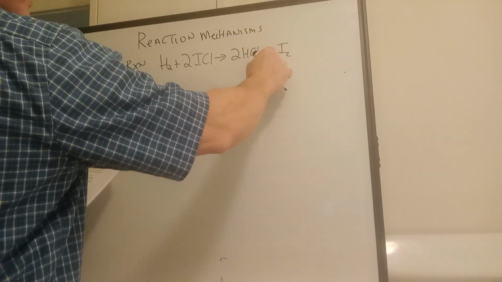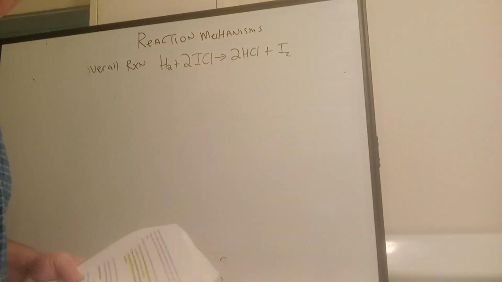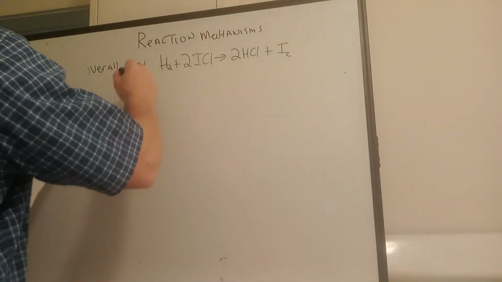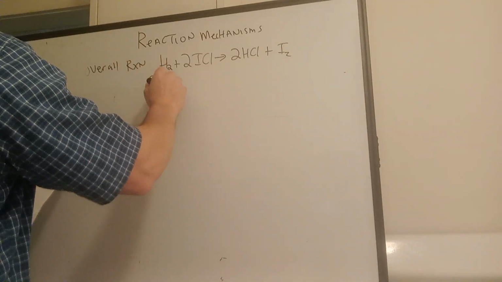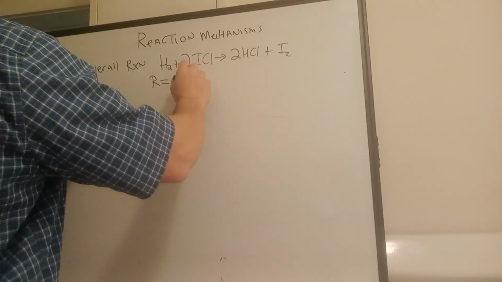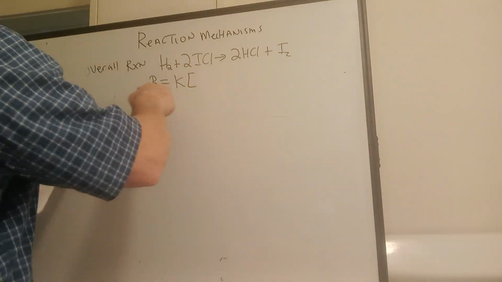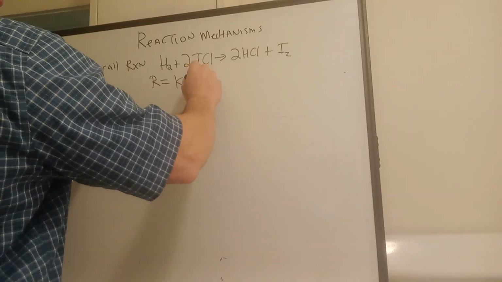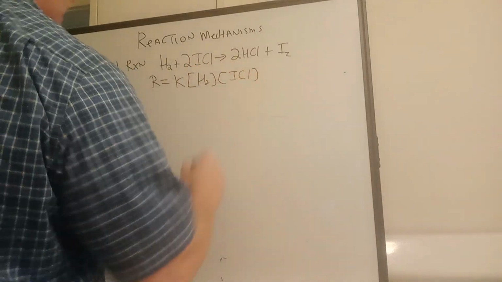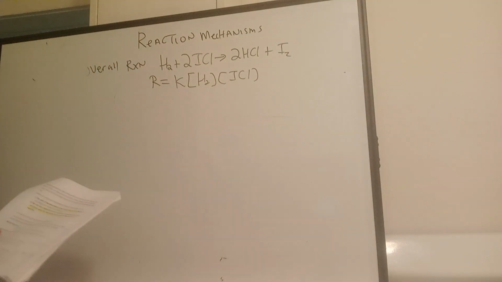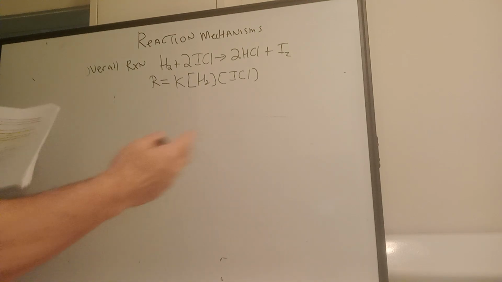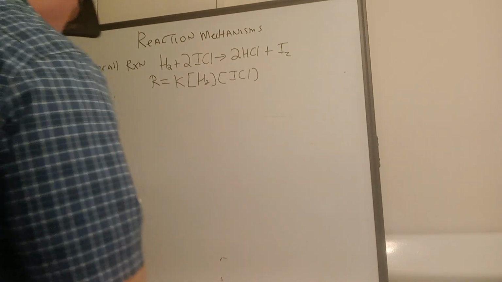That's an I. So that's the overall reaction. And experimentally, somehow they've shown, maybe using the ratio method of initial rates that we did, that the rate law is given by k times H2 times ICl. It's second order overall, and it's first order in H2 and first order in ICl, what I would call type 2 second order.